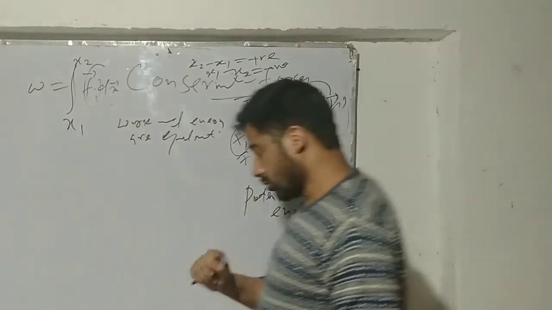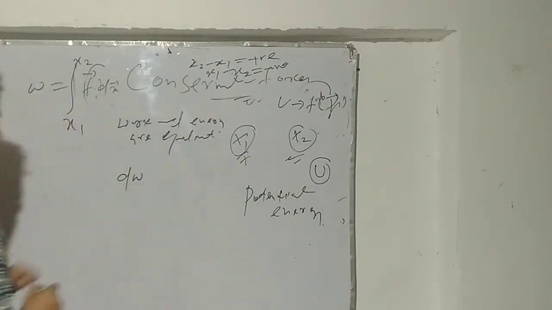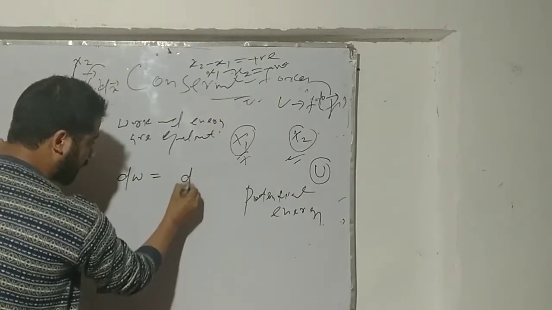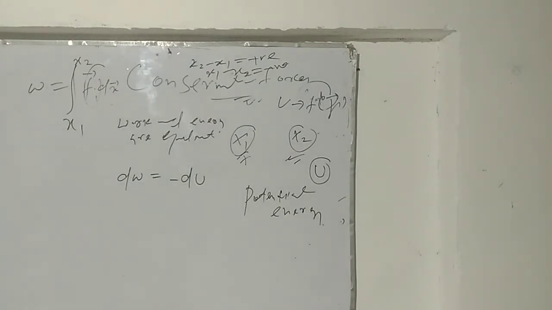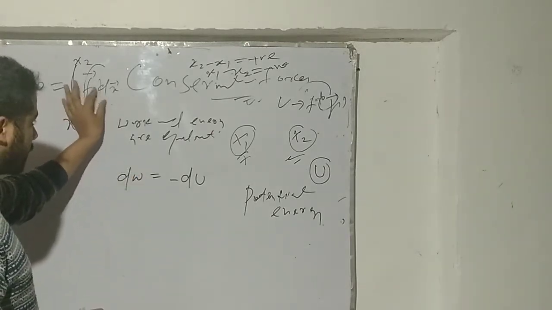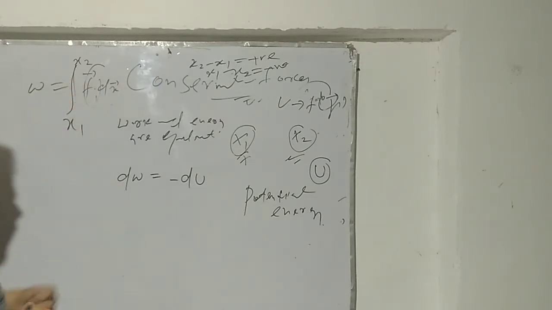So if I need to do a small amount of work for the displacement of dx, definitely there must be a change in potential energy that will be represented by a differential, with a minus sign. This is what I mean to say here. If you are getting this point, the rest of my job will be very simple. Basically, the amount of work done that I need to do in order to displace the particle by a very feeble displacement, that's why I use the differential here.